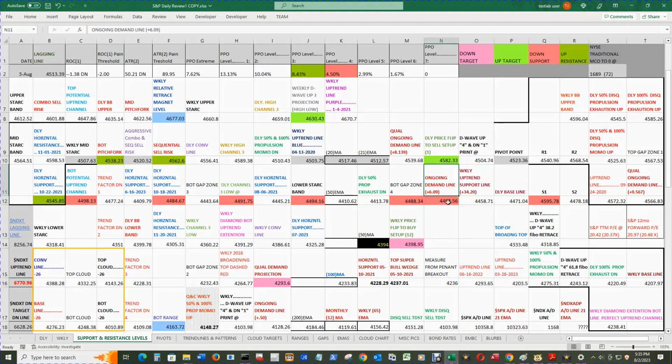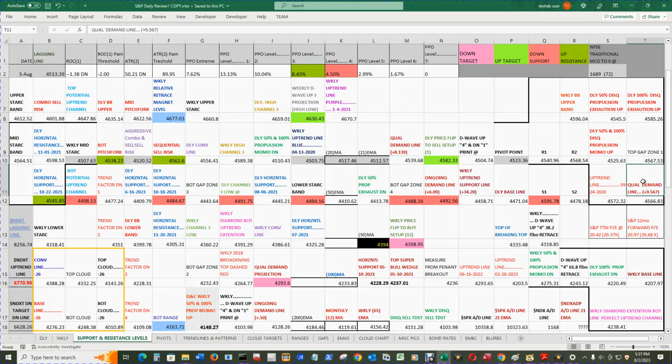If it opens higher than this level and then subsequently closes below it, then that will be disqualified. And if price decides to head upwards and gets past this level, 4539.68, and closes above it, this will become a qualified cancel demand line.